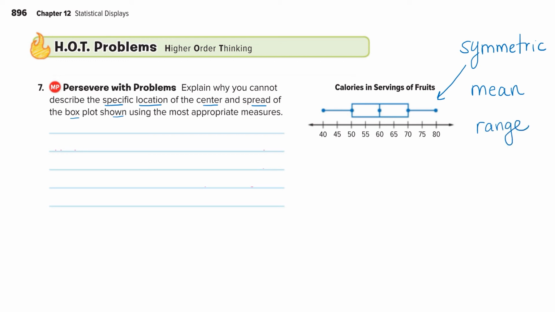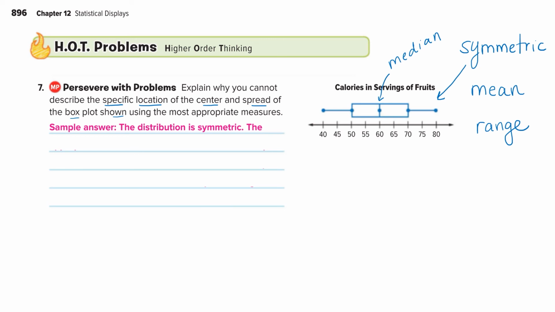All right? What this graph is showing us, though, is the median. It does not provide the mean because I don't know how many pieces of data there are, and I don't know what the specific values of the data are, so I can't really calculate the mean.